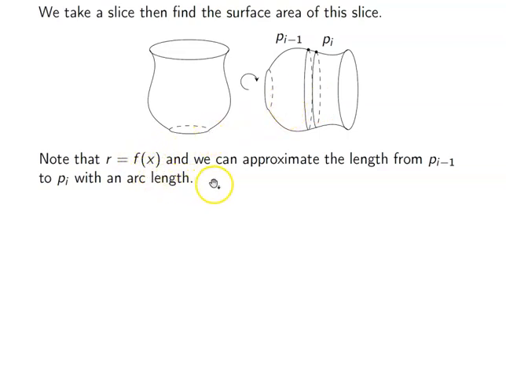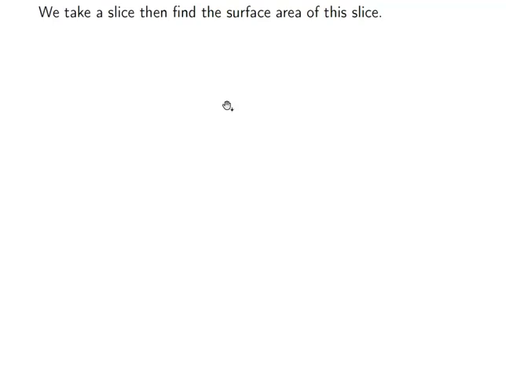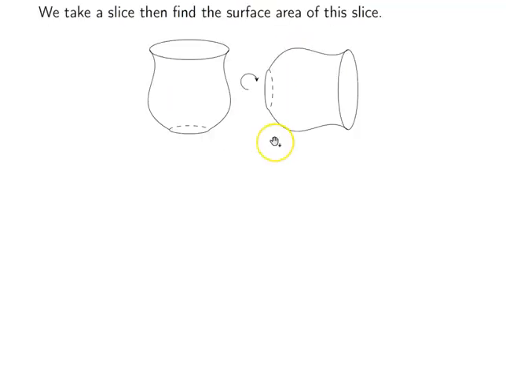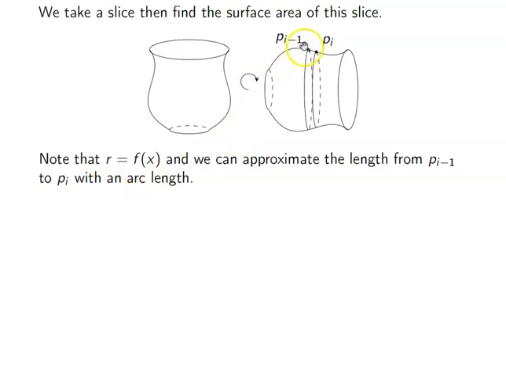Okay, so if we want to approximate the length from p sub i minus 1 to p sub i, we would do this with an arc length since it's not straight, it's curved, right? If it was straight, it would be a cylinder. So it's not a straight line, it's a curve. So we would use arc length to find the length between this point and this point, right?